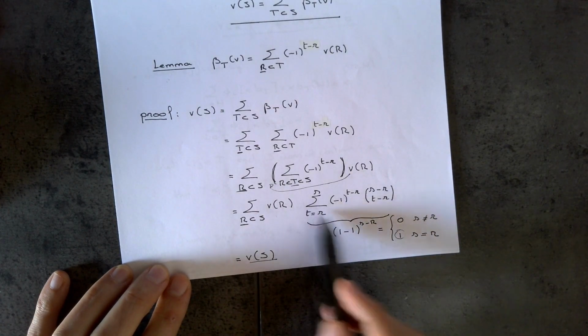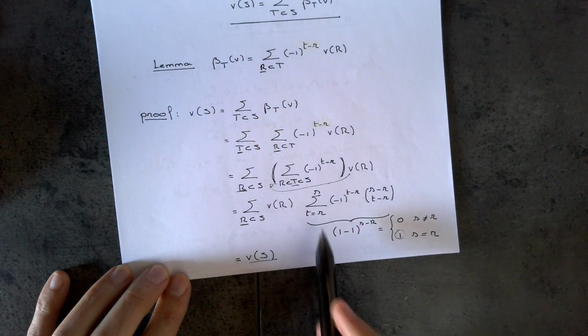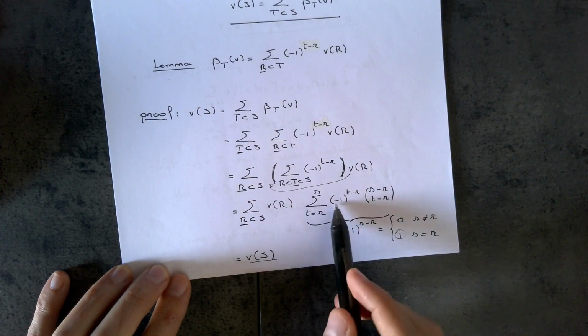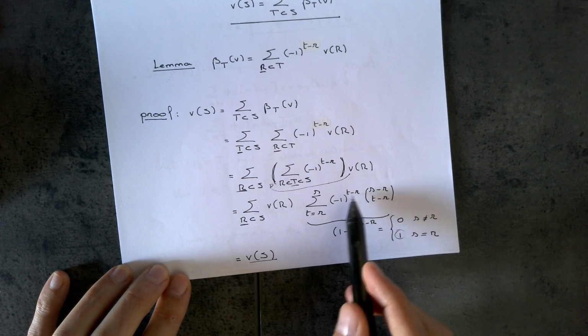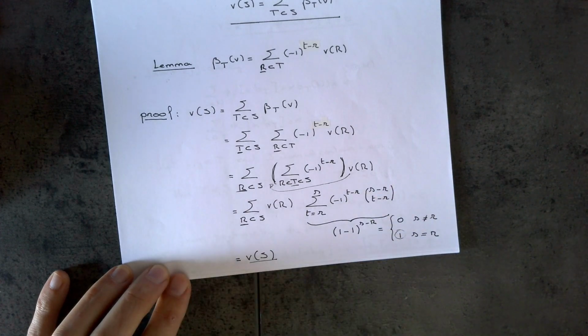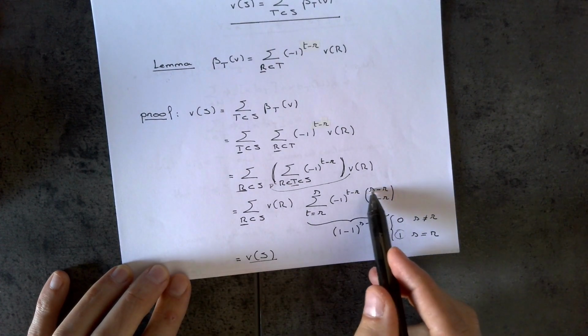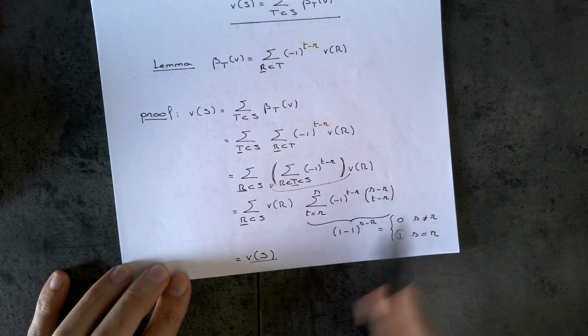But if we evaluate this at the point S equal to R, then here we have minus 1 to the power R minus R. So this is minus 1 to the power 0, which evaluates to 1. And here we have 0 choose 0, which is also equal to 1.